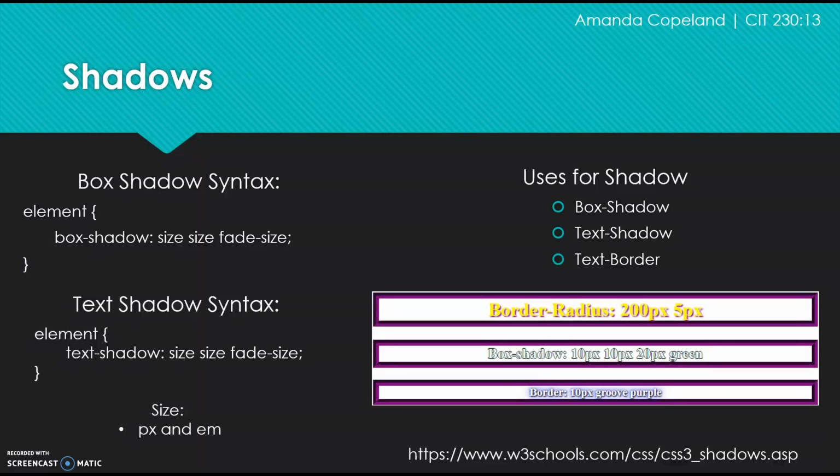And if you want a more blurry shadow, you will increase the size. These down here, you can use the text shadow syntax to also do a text border, which is shown here. And these are all text shadow examples.